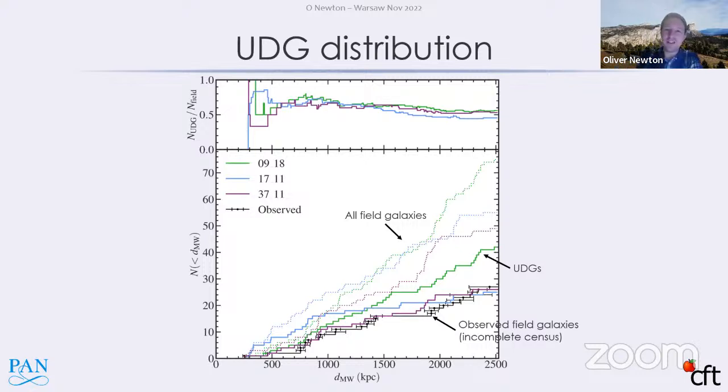If you look across the entire field halo population, the UDGs in HESTIA seem to account for about half. It doesn't quite stay constant, it decreases with radius, but about half of all of the field galaxies in the stellar mass range are UDGs, which is consistent with some previous work that's been done in different simulations by others.